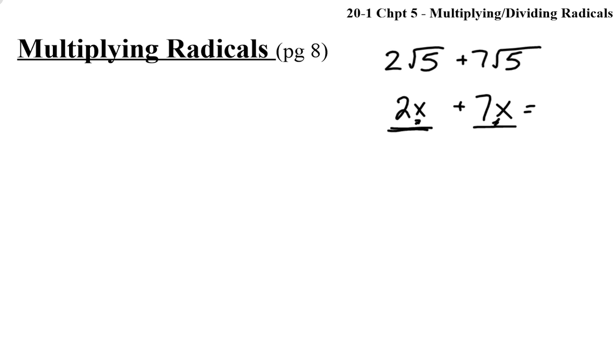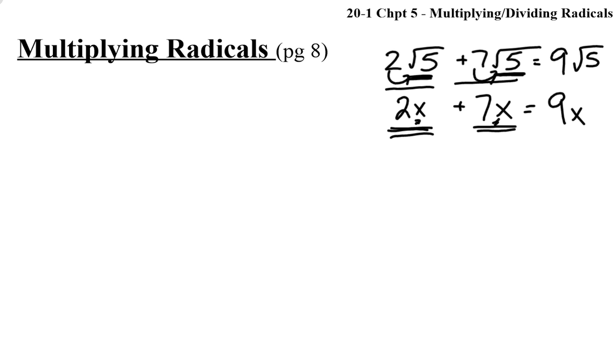So that tells us we have a total of 9x's. Here, 2 root 5 plus 7 root 5 is like saying we have 2 root 5s, we have 7 root 5s, so altogether we have 9 root 5s. So we combine radicals just like terms in a polynomial.